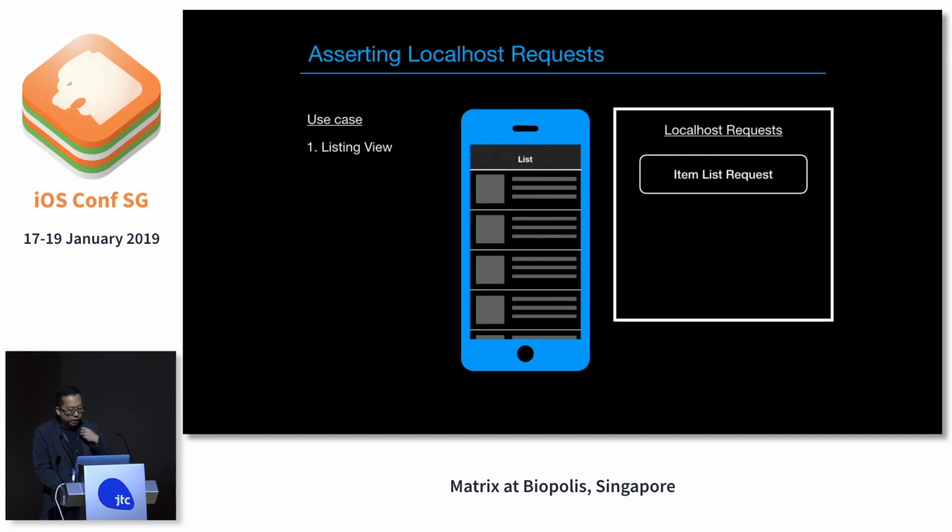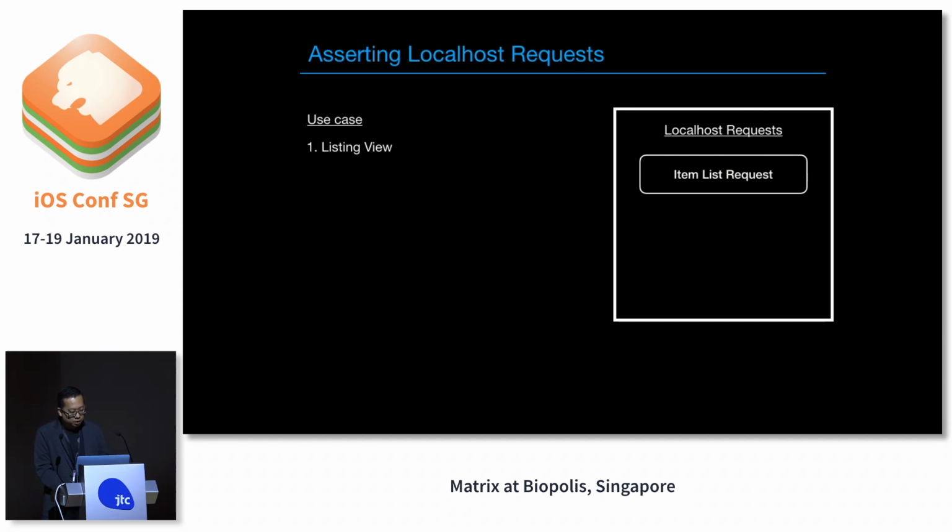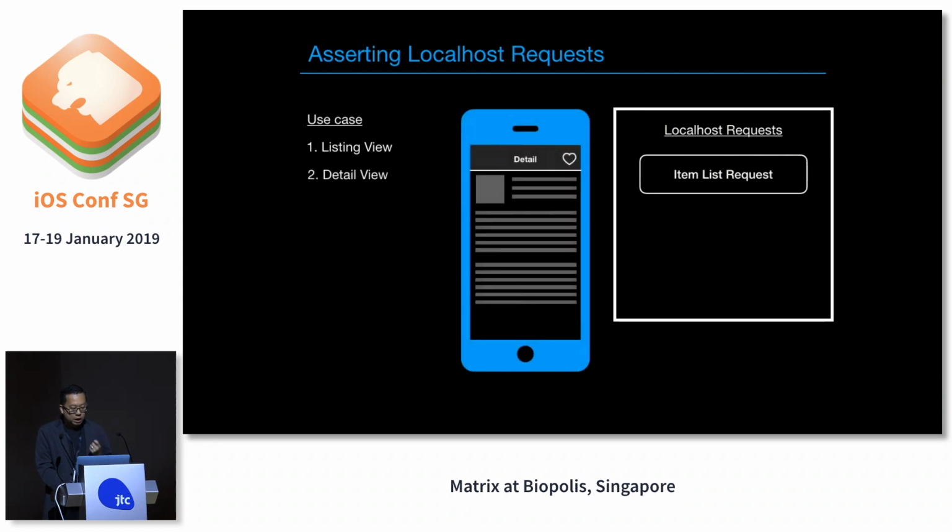When we select a row, the app will navigate to the details page. Upon screen load, the app fires another request to fetch detailed information on the selected item. And on this screen, the user can tap on the heart icon to like the item. And here the app fires another request to bookmark the item.